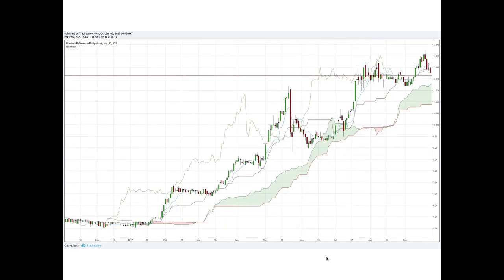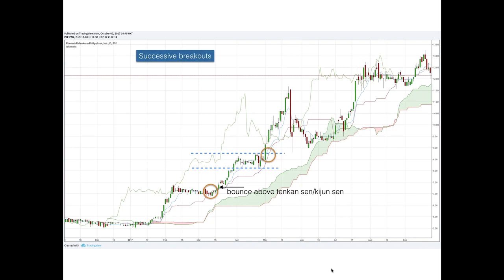And this is the succeeding set of breakouts that happened to PNX. This was the area we were talking about earlier. After that, we find another price range for PNX. And then a breakout happened. Notice how the breakout also happened when price and Tenkan-sen and Kijun-sen are close together in the same area.